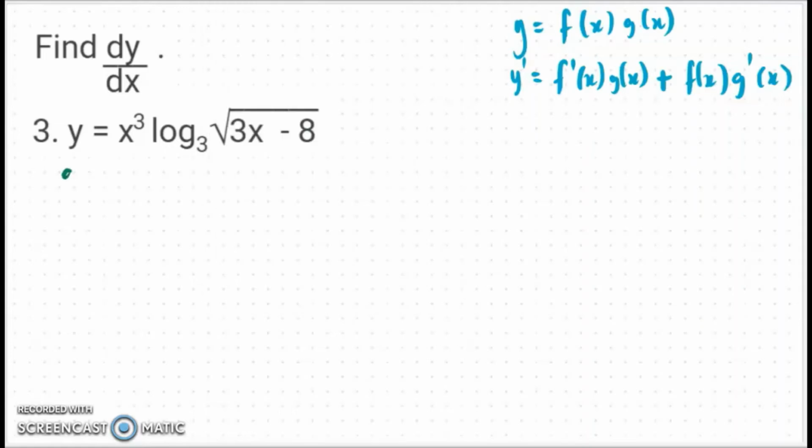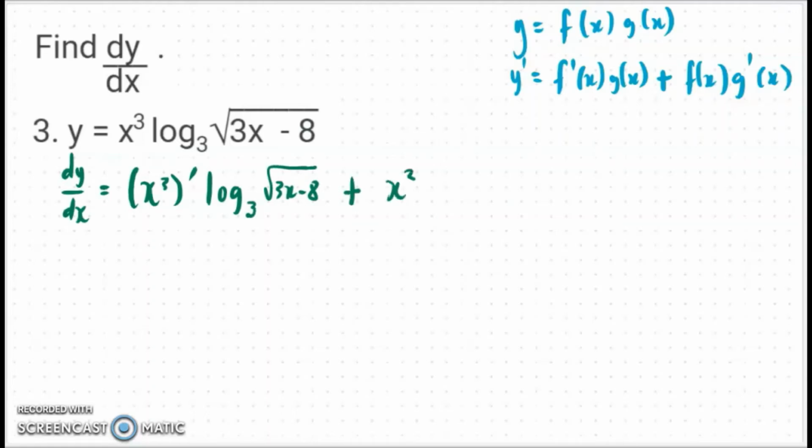We have our y prime, or the derivative of y with respect to x, is equal to, let's do this step by step. Our f of x is x cubed, while the log square root of 3x minus 8 base 3 is our g of x. So, we have x cubed prime, and then log square root of 3x minus 8 base 3, and then plus x cubed multiplied by the derivative of log square root of 3x minus 8 base 3.